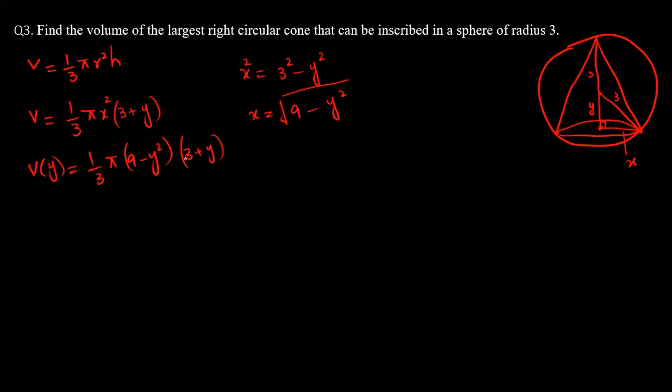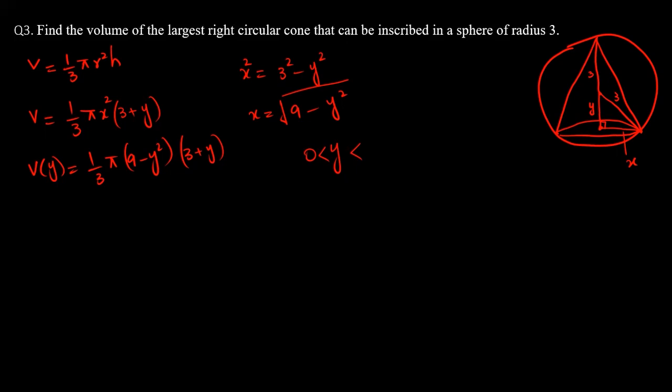And one thing left is we need to compute the domain for this function. So what is the domain for y? As this is a height, we can start from 0, and we can go up to 3, because if we exceed 3, the cone goes out of the sphere.